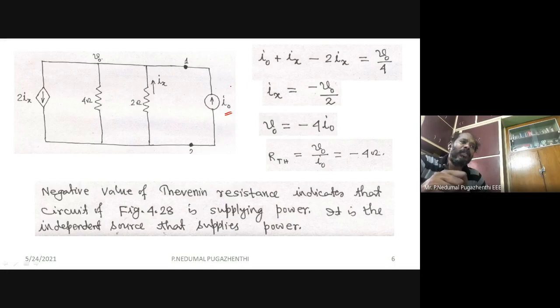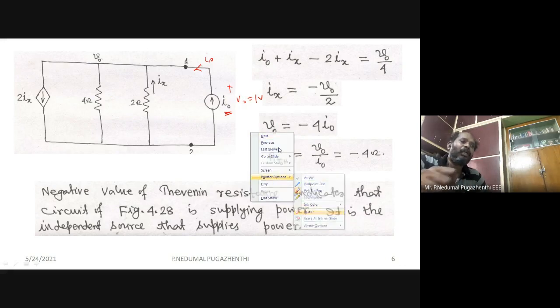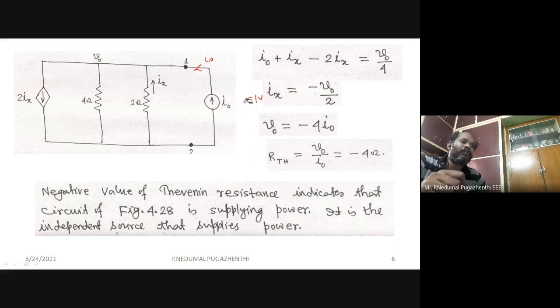Instead of this I naught, you can have a V naught equal to 1 volt, and try to find the current passing through it, and submit that as homework today. So we will go by this method. You can see that we have a current I naught.